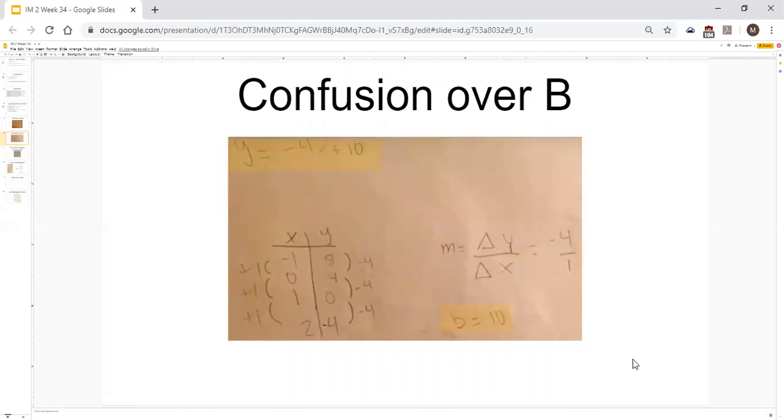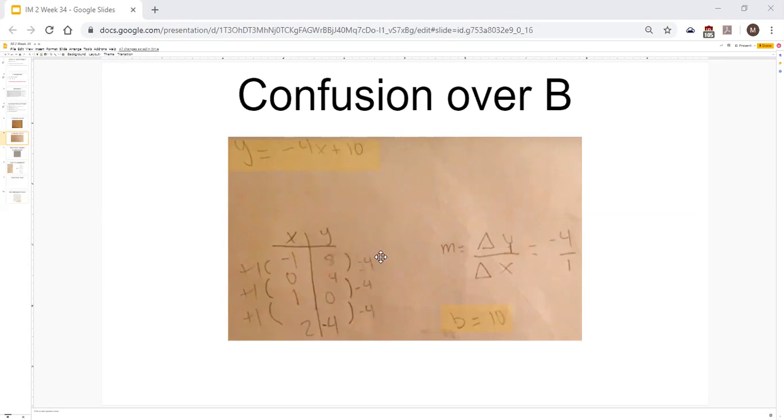Go ahead, Richard. For the table where x is 0, the y should be 10. Yes. This 4, I think it's supposed to refer to the slope, but it can't be, if your B value, your y-intercept, is 10, when x is 0 y is 10, and right here B is 10, you can't have it saying 4. These do not match.